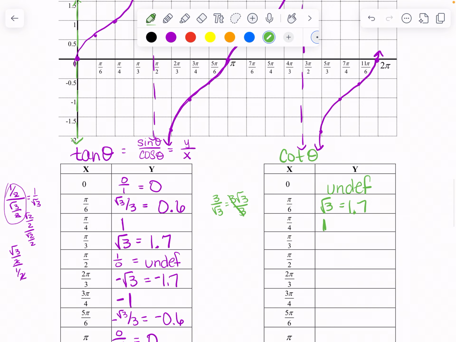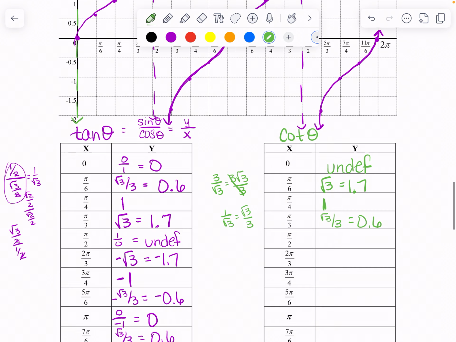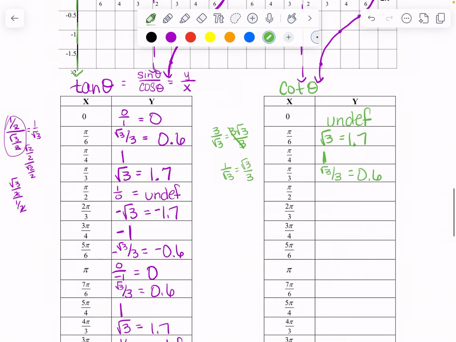1 flip over 1, he's still 1. All right, reciprocal of that guy, so root 3 over 3. Notice we're seeing the same numbers. So root 3 over 3 is 0.6. Undefined, when we flip over undefined, we get 0 over 1, so that guy's 0. So the reciprocal of undefined is 0.